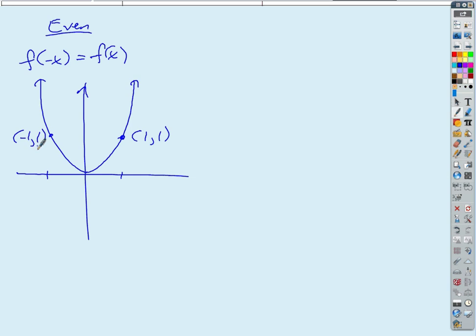Well, doesn't that fit that plan right there? Think of this the same. If I plug in a negative number, an opposite of x, I should get back the same y value as I get with f of x. Isn't that what that's saying? If I evaluate this, if x is 1, then f of -1 is just equal to f of 1. And that makes sense. Look, they have the same y value, don't they?